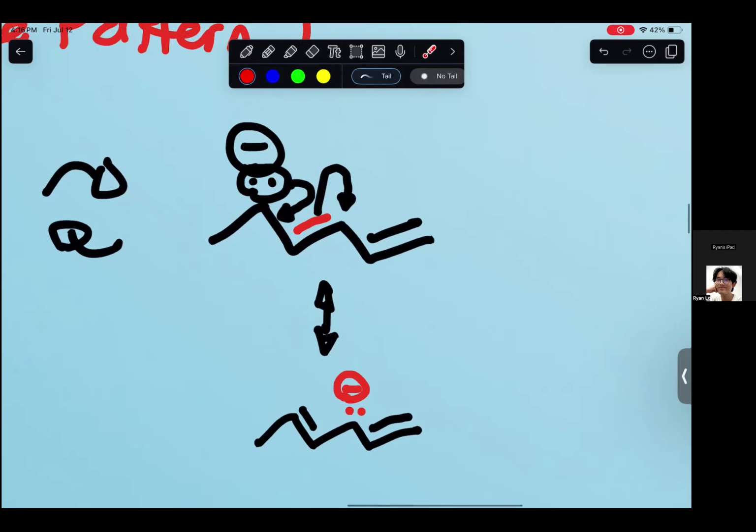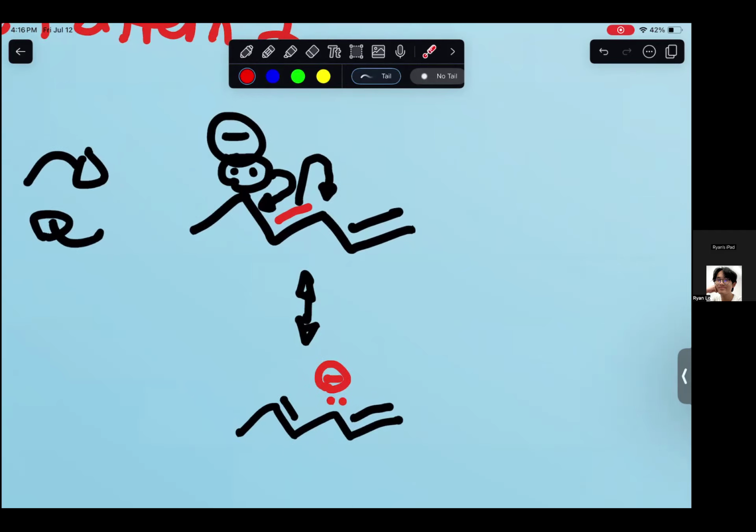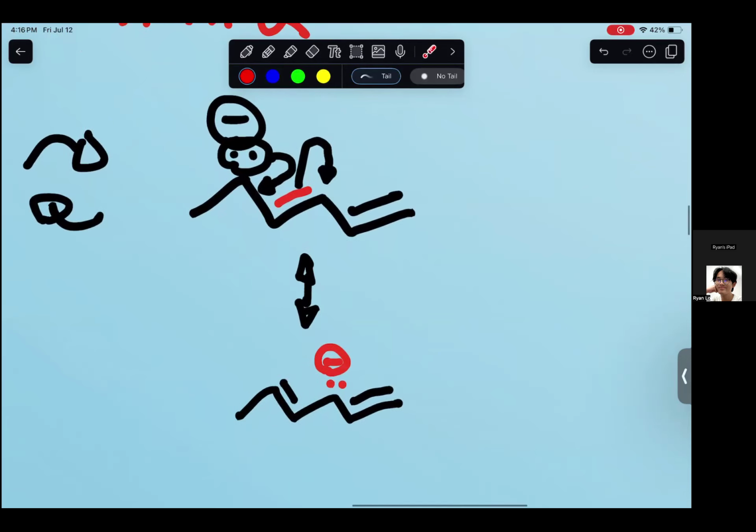So the best way that I like to summarize this major resonance pattern 2 is that when you have a bunch of negative charges, or you start the resonance structure by pushing from a lone pair instead of starting from a plus charge and moving things to the plus charge, you are basically going to start moving the electrons from bond to atom, bond to atom. This is generally the case most of the time. There are some weird exceptions, but I'm not here to teach you all the million weird exceptions.